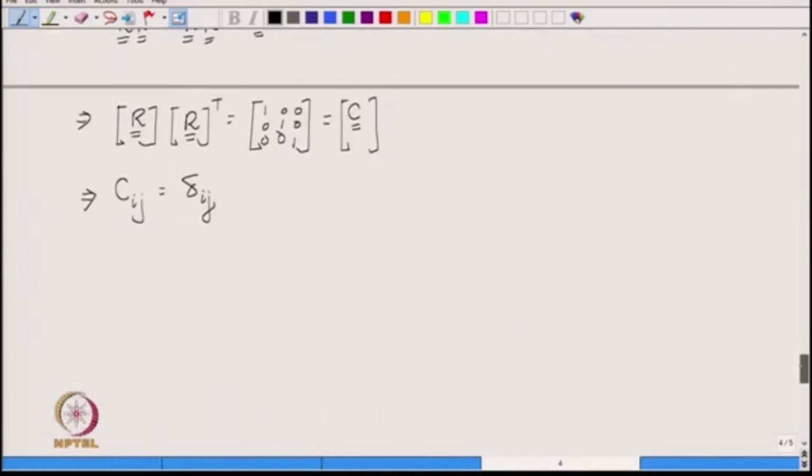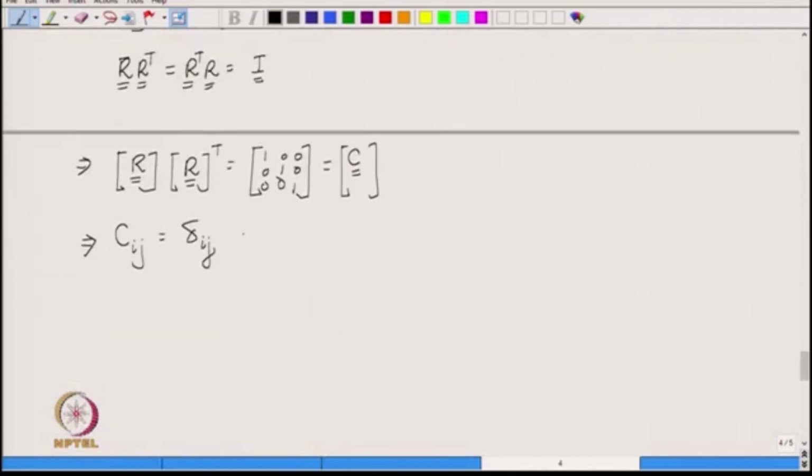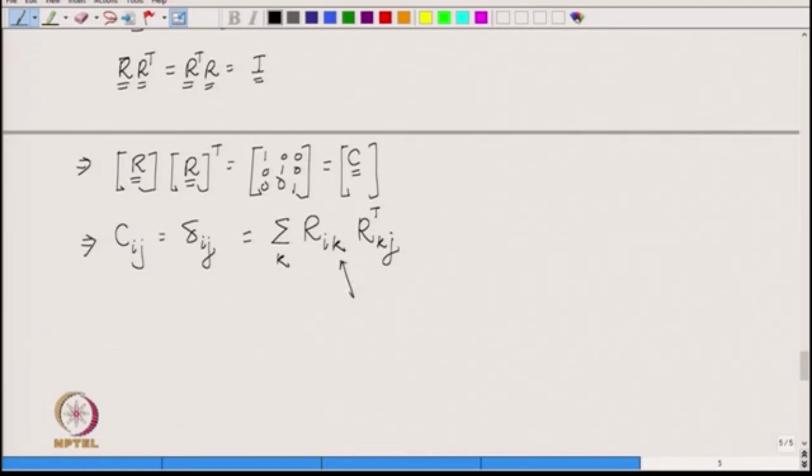So, what will be C_ij? It will be a summation over some k of R_ik into R transpose_kj, is not it? The inner index is summed. You see the inner index is summed.